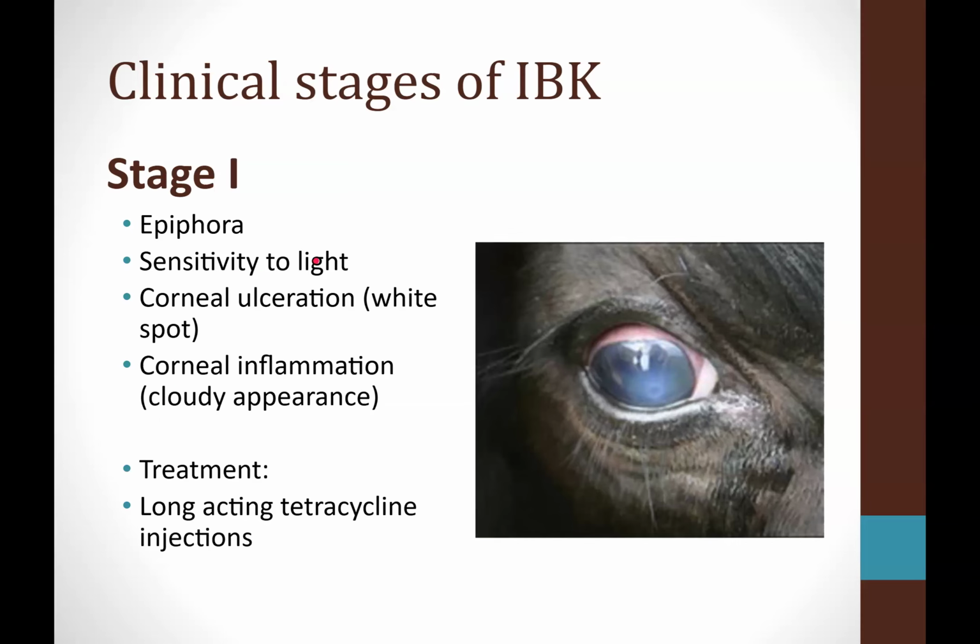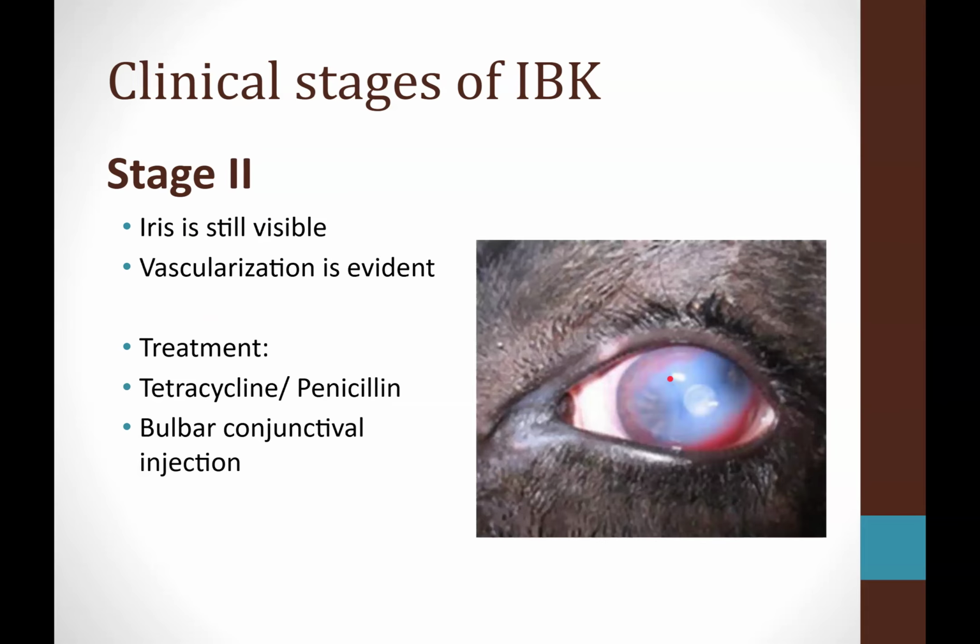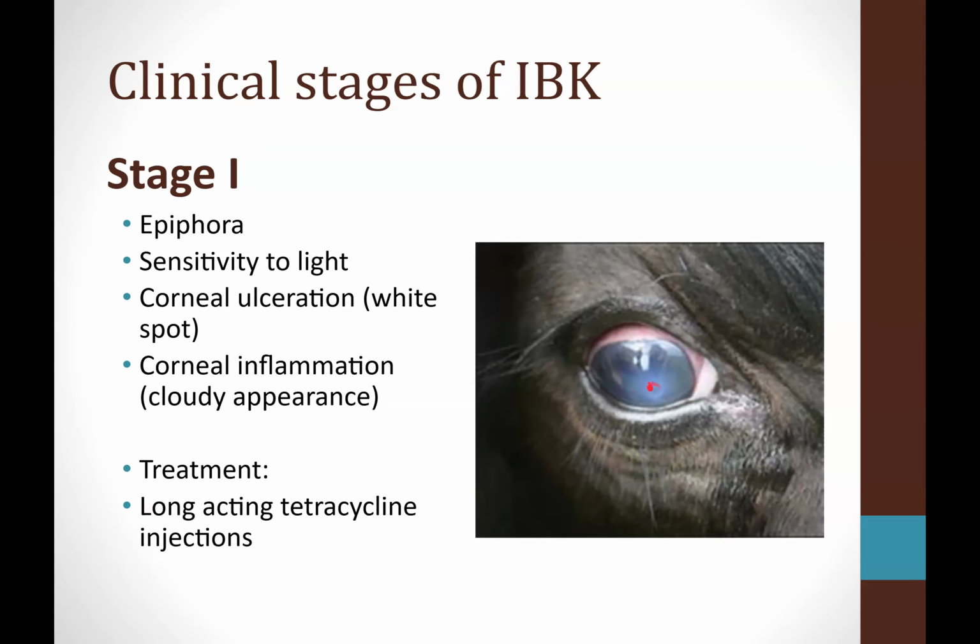So let's look at the clinical stages of IBK. This is stage 1. So there will be epiphora, sensitivity to light, corneal ulceration. In here, this is seen as the white spot right here. So this is the corneal ulcer, and some parts of the cornea are cloudy.